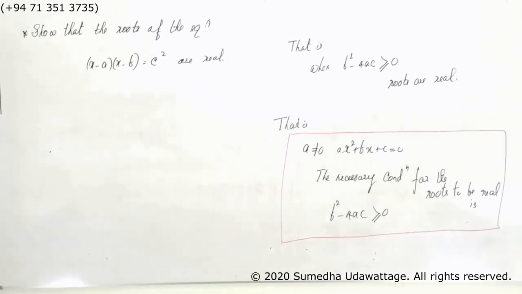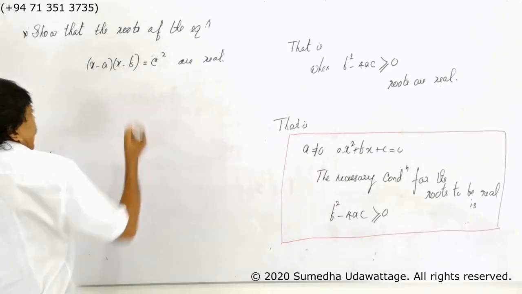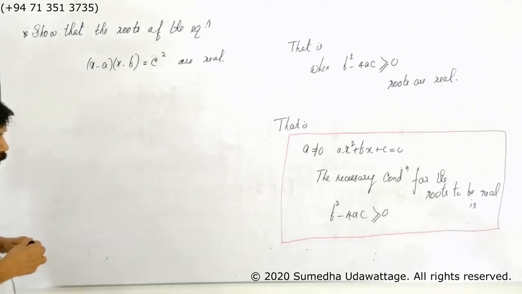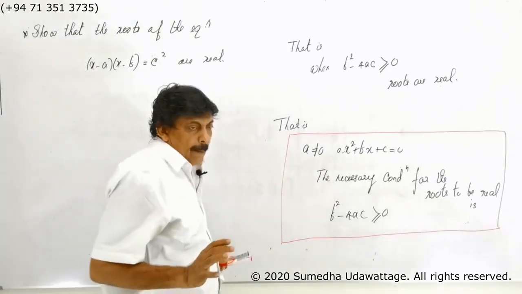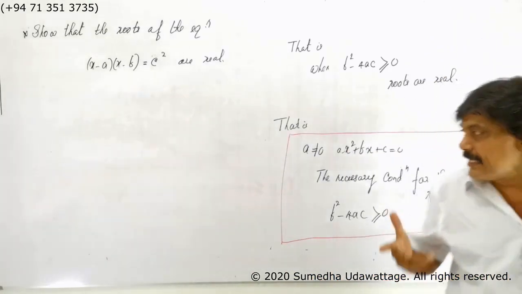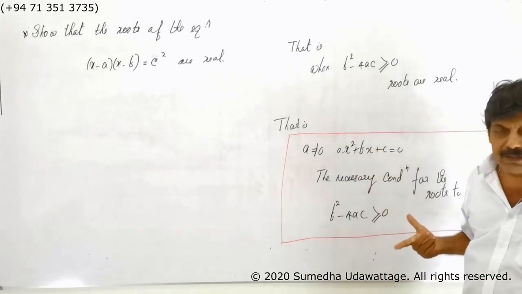Now, the question says, show that the roots of the equation x minus a times x minus b is equal to c square are real. What we know from theory is, consider the equation ax square plus bx plus c is equal to 0.